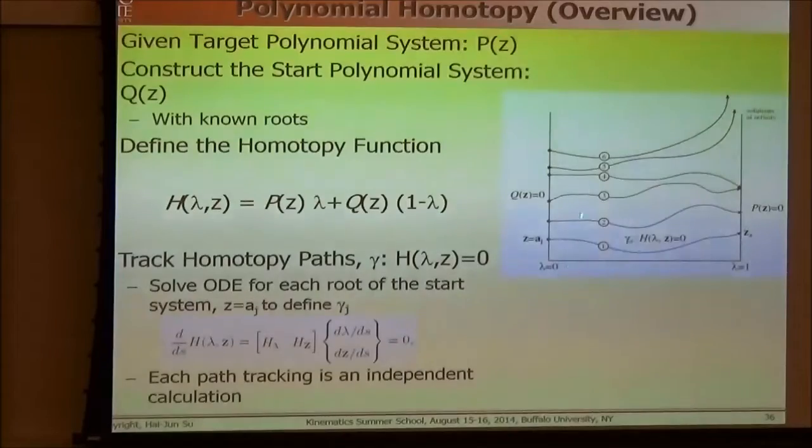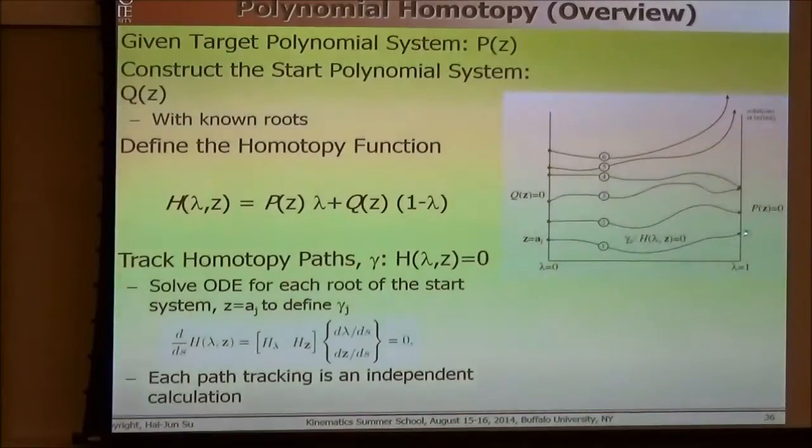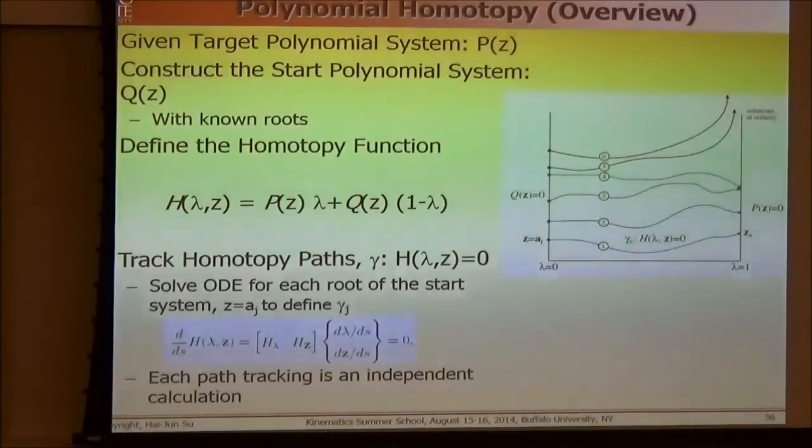Once you get updated, you keep continuing through the path. This is called homotopy path tracking until you get to the point lambda equal to 1. If you reach lambda equal to 1, you really get a solution to the polynomial system.